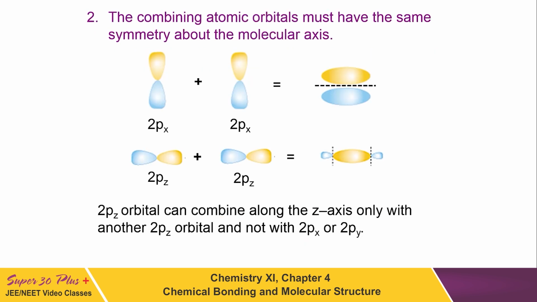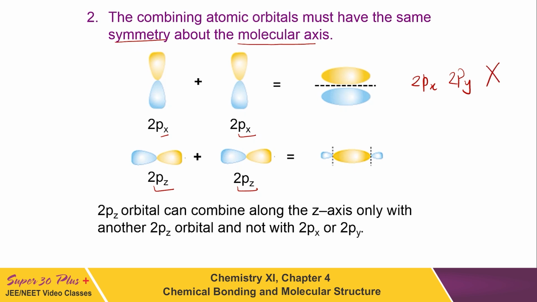The second condition is that combining AOs must have the same symmetry about the molecular axis. They should be in the same symmetrical plane. Meaning if it is 2px, the other should also be 2px. If it is 2pz, it should also be 2pz. There is no MO formation between 2px and 2py.